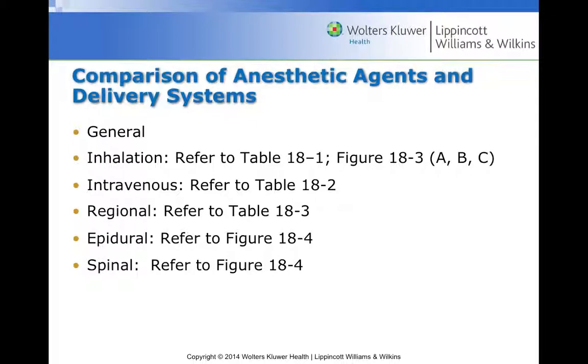There is none of the buzzing, roaring, dizziness known to follow administration of inhalation anesthetic agents. The duration of action is brief and the patient awakens with little to no nausea and vomiting. And we'll talk about some of those side effects soon.